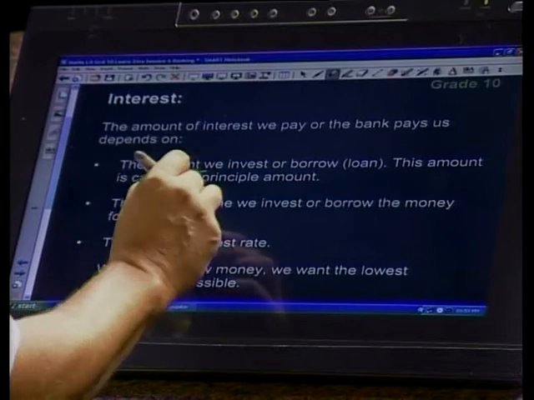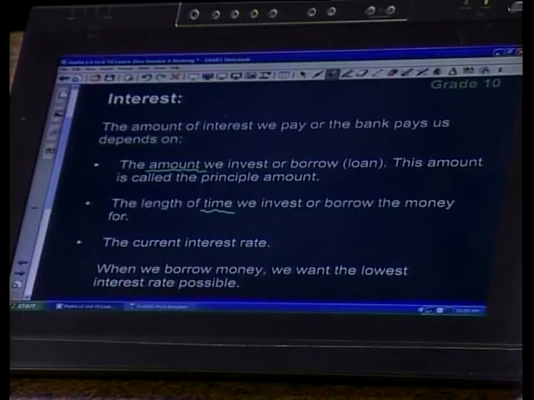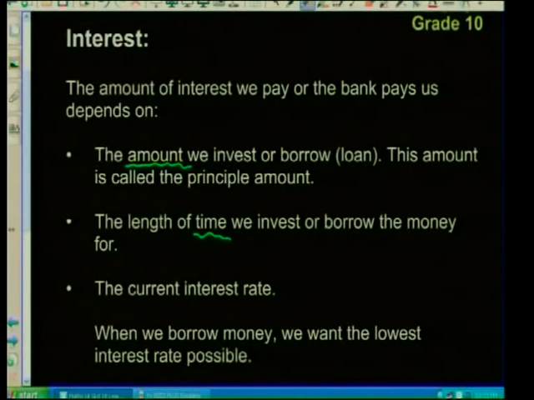What else does the interest depend on? Well, it depends on the length of time that we invest or borrow the money. What else does it depend on? It also depends on the interest rate, okay? And the interest rate can vary. Sometimes the bank will say, you know what, if you put your money with us, we'll give you 3% interest.